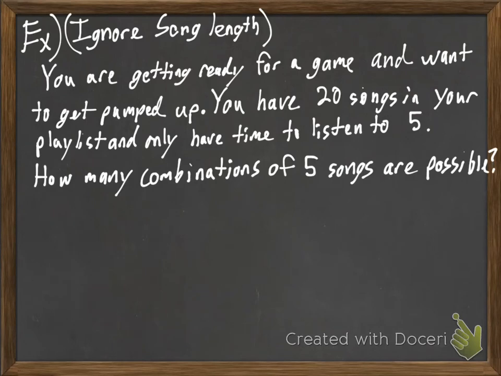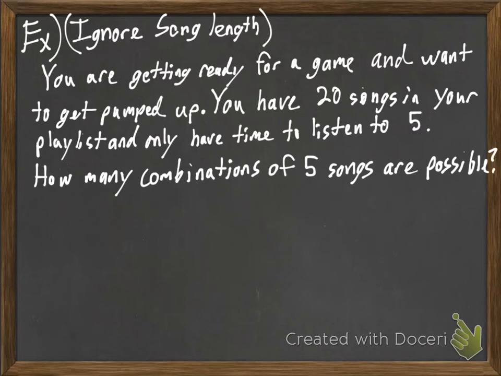Okay, so last slide here, we're going to do an example. With this example, I put at the top ignore song length because I know someone's going to say, well, some of the songs I listen to are like 2 minutes, so it's not going to take very long. And some songs are like 7 minutes.